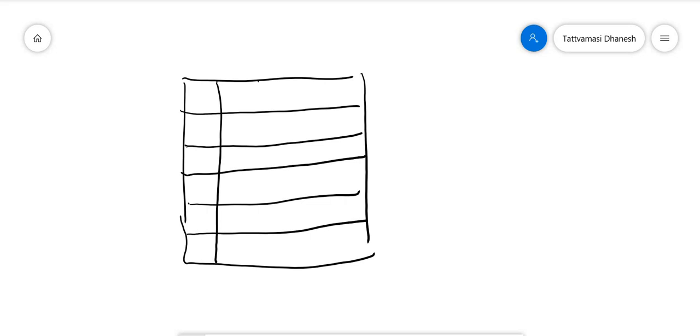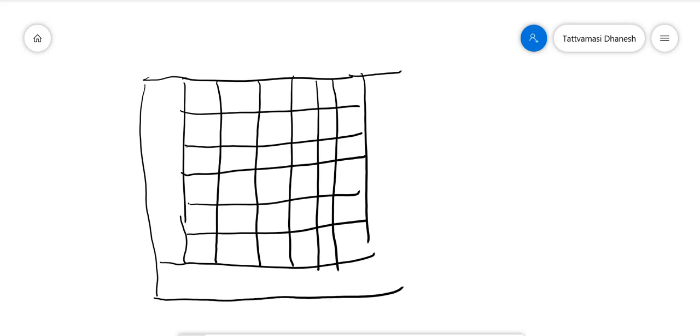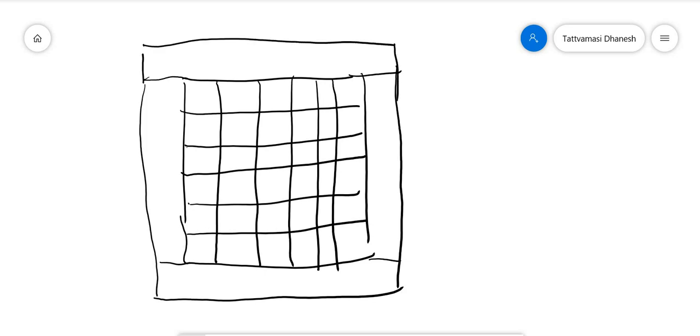Here 1, 2, 3, 4, 5, 6. This is a 6 by 6 image. When I introduce a padding like this, here also it will come. This is a padding of 1.